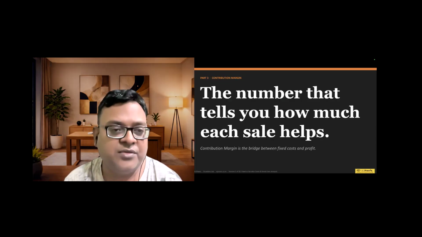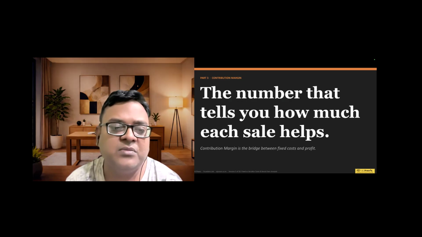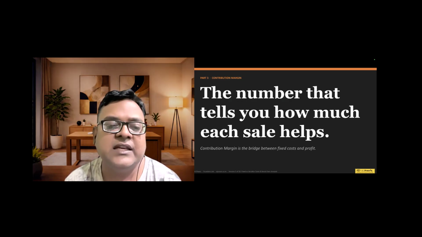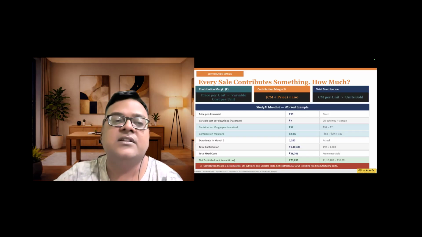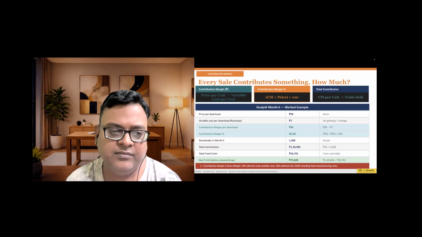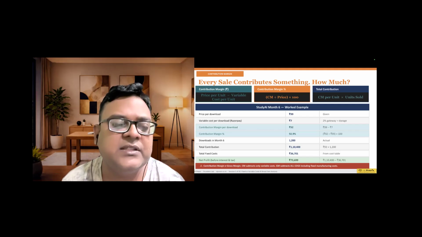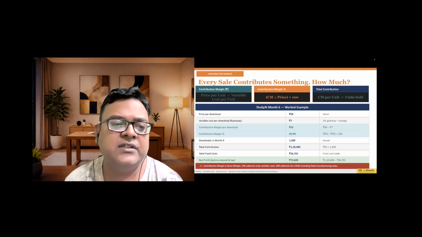So the part 3 of this session is contribution margin. This is the number that tells you how much each sale helps. This is the bridge between fixed costs and the profit. So let's understand how to calculate it. Contribution margin is very simple. You take the price per unit, and from that, you subtract the variable cost per unit.